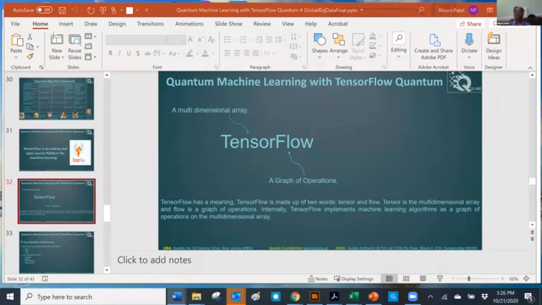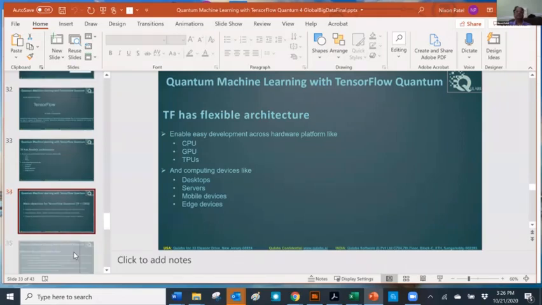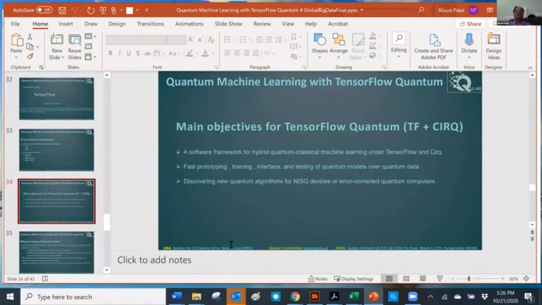For people who have done classical machine learning, it enables researchers to build state-of-the-art machine learning models with Keras as a functional API, and supports production everywhere, edge devices, and so forth. That's the advantage of TensorFlow that we'll exploit. And it has a flexible architecture, CPU, GPU, TPU based, works on desktop servers, mobile devices. It's very flexible.